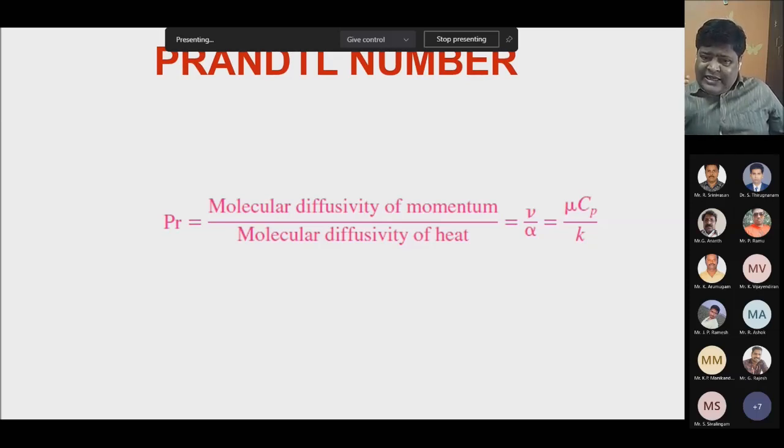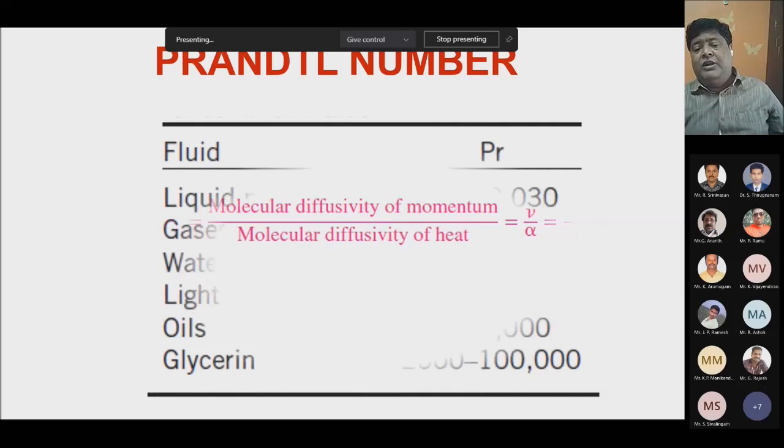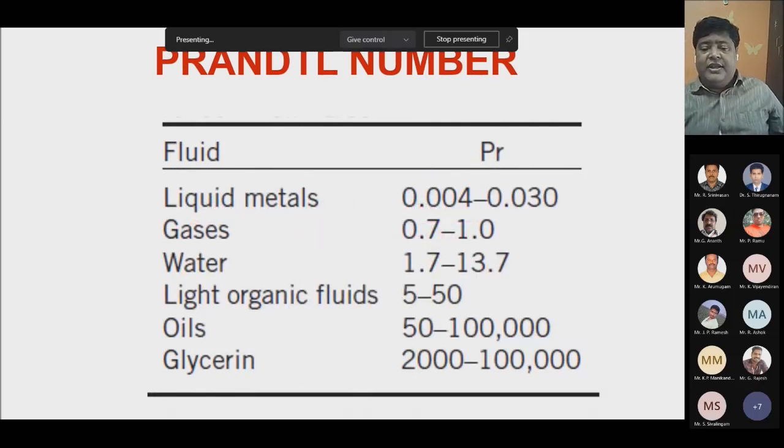If I use glycerin for a heat transfer application, just imagine the pumping power required. Glycerin does not diffuse heat very fast compared to momentum transfer. That is the reason glycerin has a Prandtl number of 2,000 to 1 lakh.